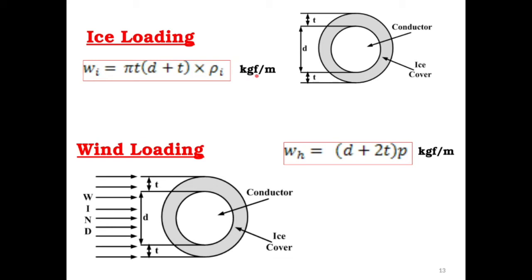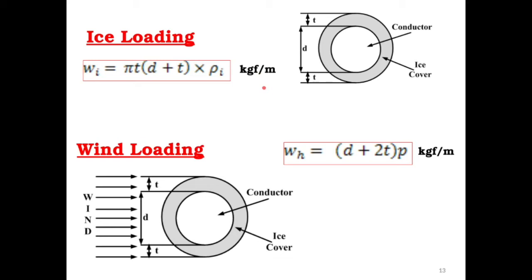Sometimes I get this question from the students attending this session: why is that f there, in kgf per meter? I put that f there to remind me that it's weight, it's force. Weight is nothing but force.